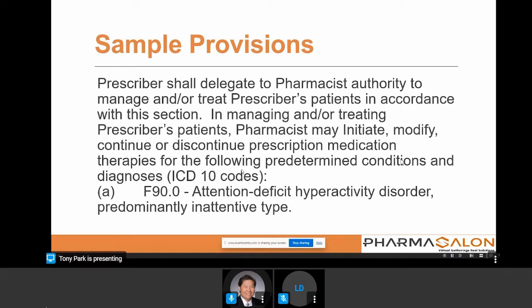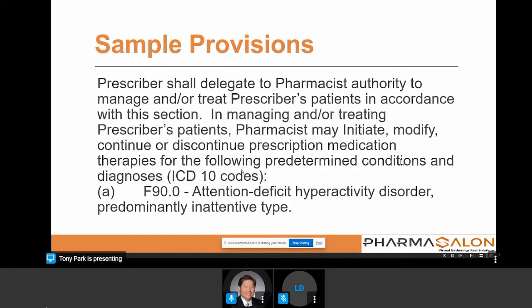I have had protocol agreements where this list has been just one, ADHD. I've had others, and again, this is purely a function of the degree of professional trust that the prescriber has in you, the clinical pharmacist, to manage these types of patients and conditions.